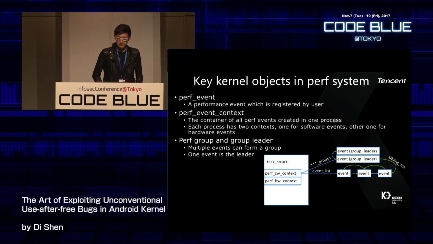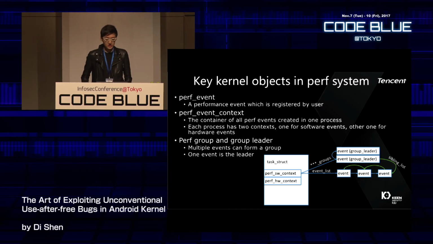The perf subsystem maintains three kinds of key objects. The first one is the perf event. There are two kinds of perf events: software events and hardware events. The second object is the perf event context. It's a container of all perf events created in one process, and each process has two contexts, one for software events and another for hardware events. The third object is the perf group and group leader.